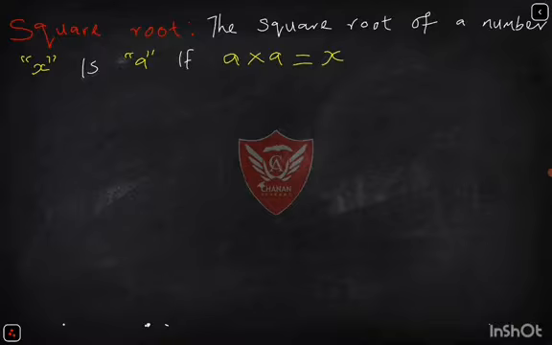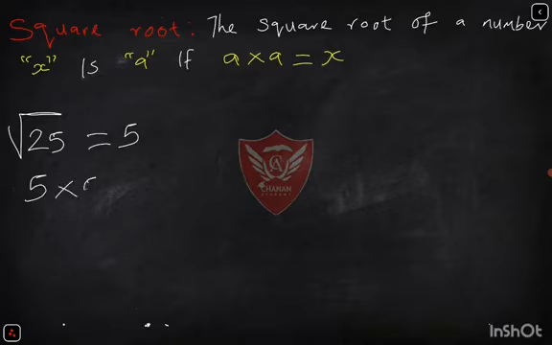Let's take an example, the square root of 25. The square root of 25 is equal to 5, and that is because 5 multiplied by 5 is equal to 25. So that is what the square root is saying.